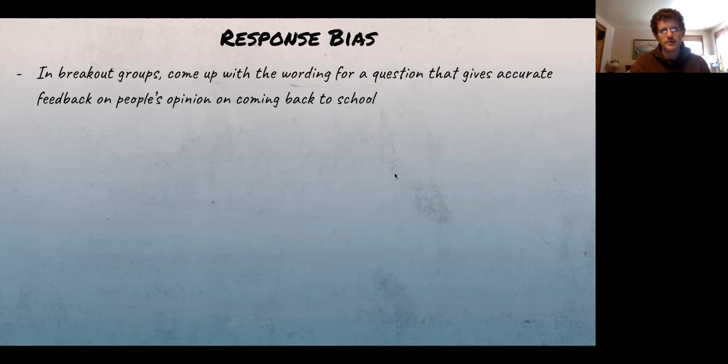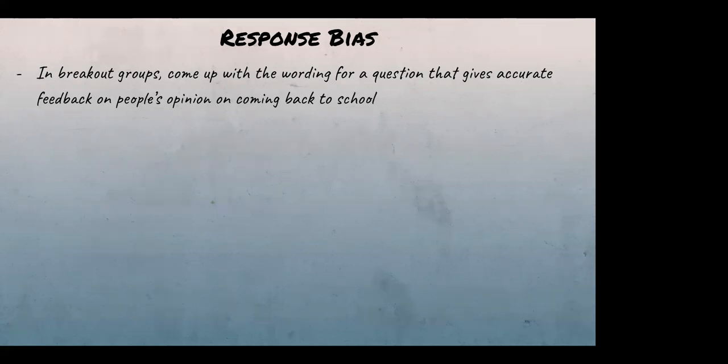So maybe we're not going to do this in breakout groups. This probably isn't going to be too difficult. So can someone think of wording for a question that gives feedback? We want to find out if people want to come back to school. How would we ask that question so there's no bias? Like just the wording of the question?